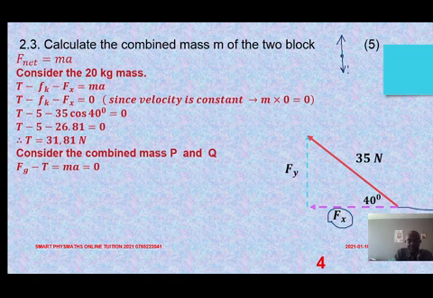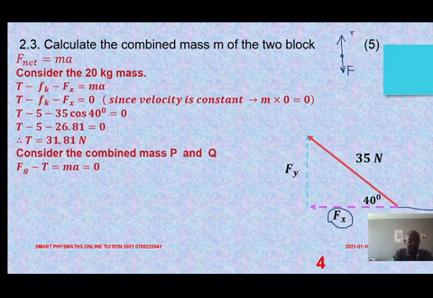So using Newton's second law again, we form this equation: Fg minus tension equals ma, which is equal to 0, because the speed is constant.